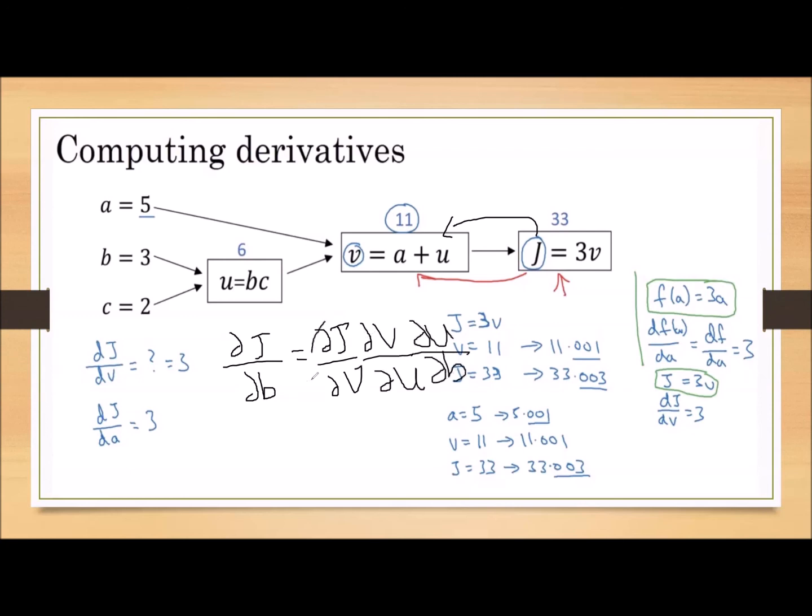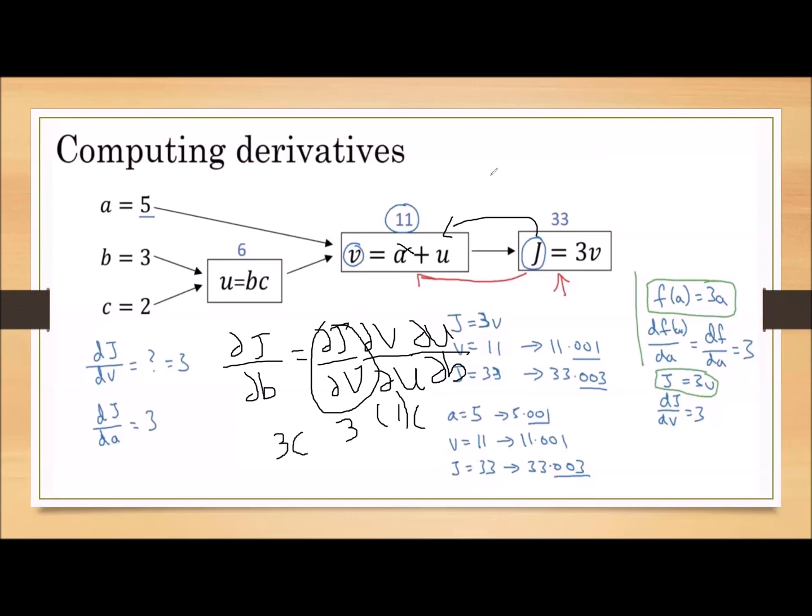Dou j by dou v is 3. Dou v by dou u, as a is constant, is 1. Dou u by dou b, as c is constant, is c. So dou j by dou b is equal to 3c.